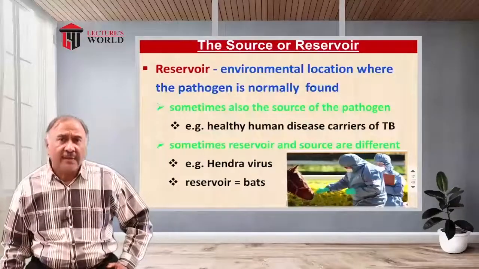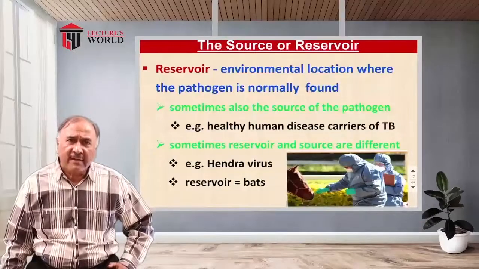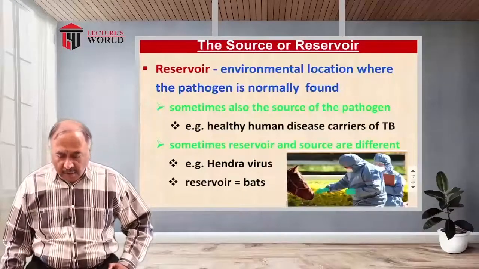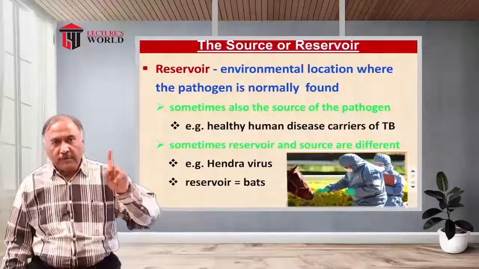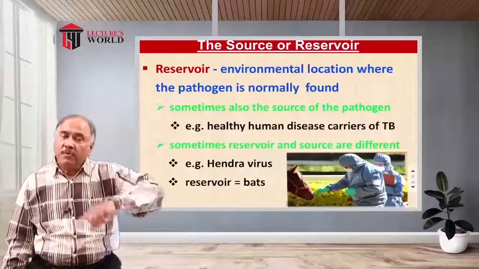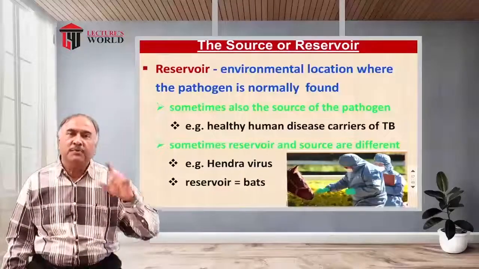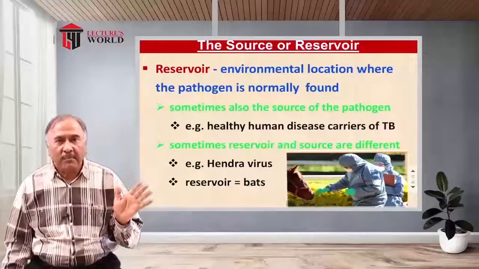Now let us come to reservoir. These two things, that is the source and the reservoir, are slightly confusing terms. Reservoir is an environmental location. Be careful. Source will always be either the human beings or the animals from where the disease comes, from one human to another, and from one animal to another human being.